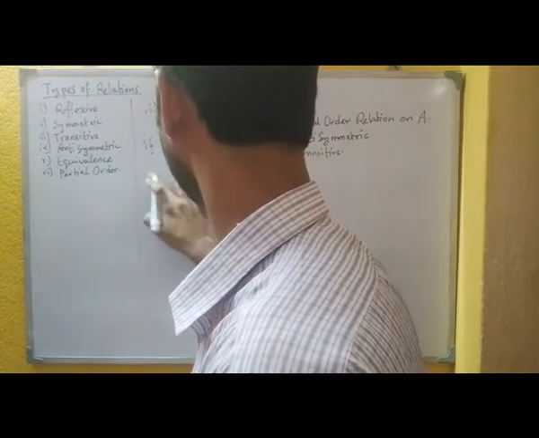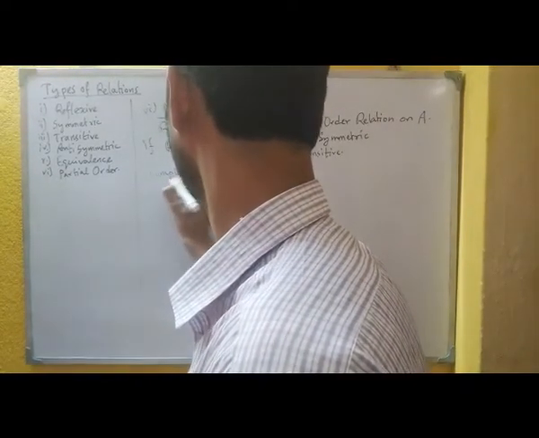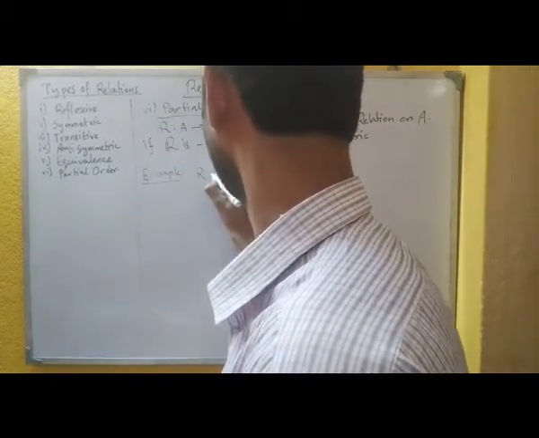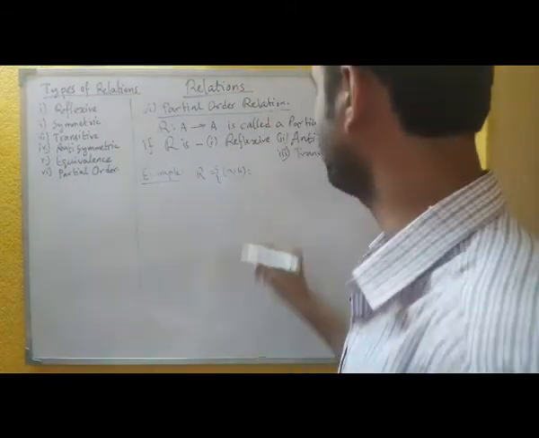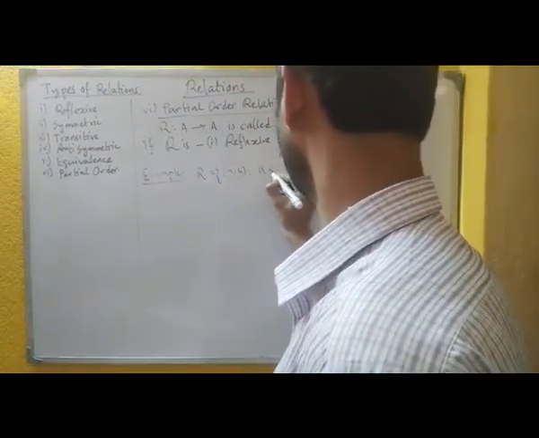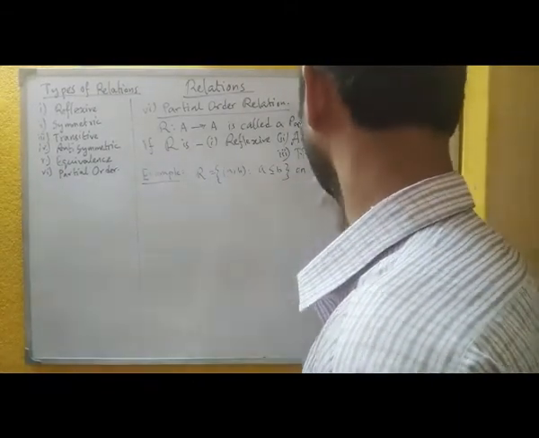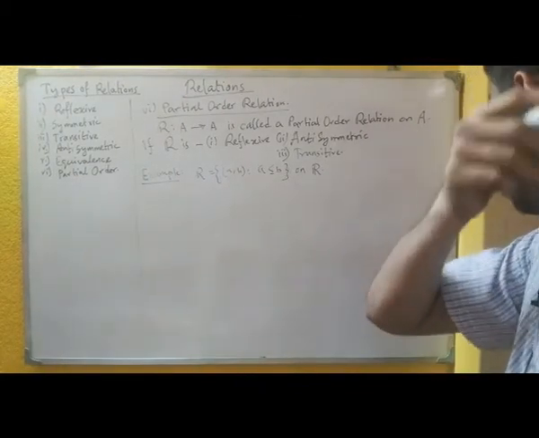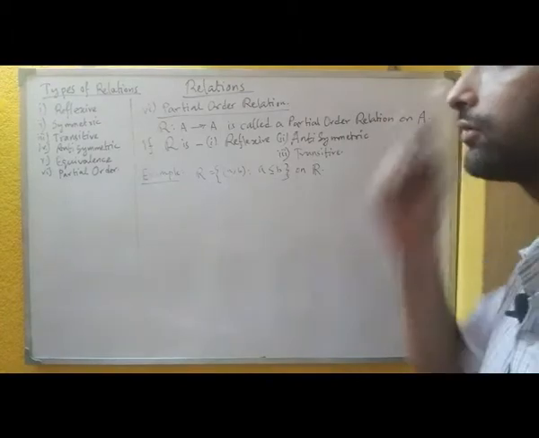For example, we take the relation R, the collection of all ordered pairs (A, B) such that A is less than or equal to B on the set of real numbers. So one by one we will check whether it is holding or not.